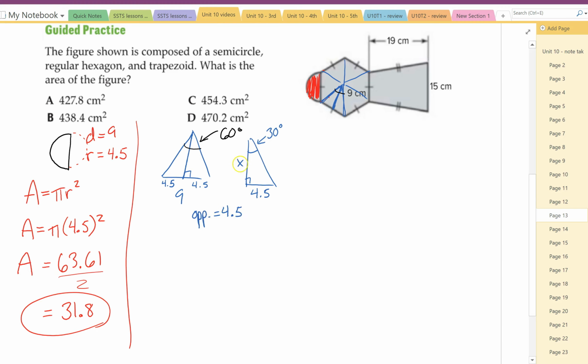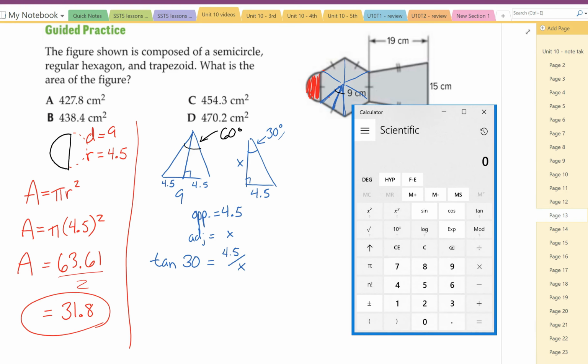And x, which is the one that I want to know, is adjacent. So when I'm working with opposite and adjacent, it's a tangent. So the tangent of my angle, which is 30, equals the opposite over the adjacent. So what's the tangent of 30? 0.577.